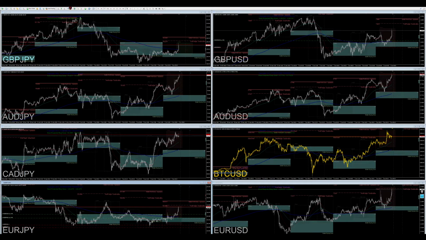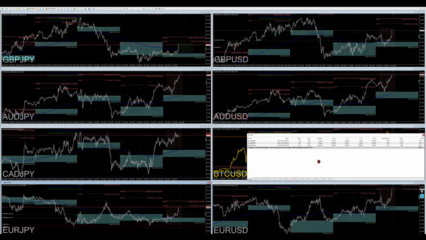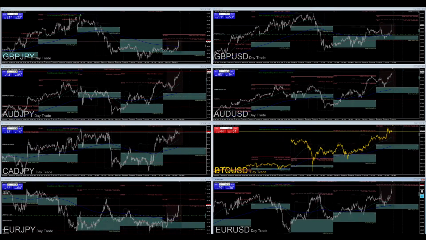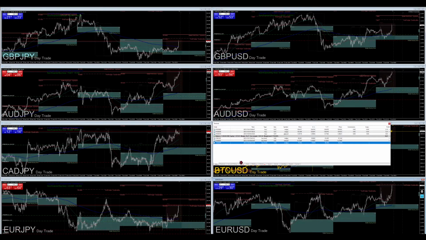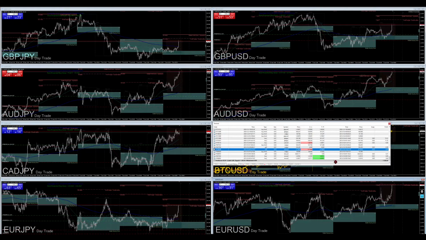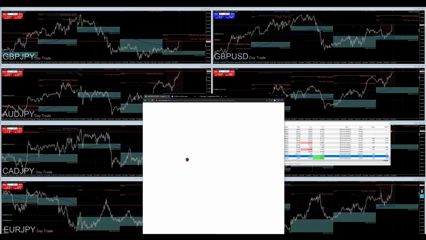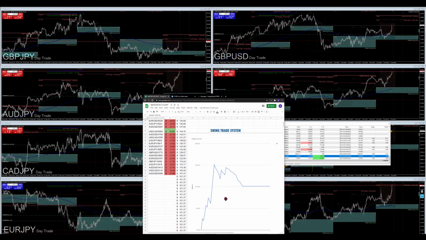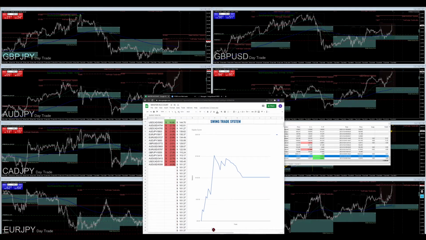So this is my client's account, and make sure it took profit there too. Yes, it did. Okay, perfect. Took profit there too, just like it should. All right, so let's go ahead and add these up. Anyways, day trade.